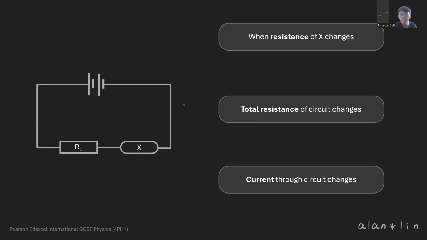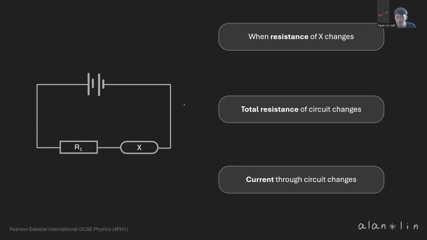Because for example, if they give us, let's say, a thermistor, we don't know how the resistance of that is going to change unless we think about the relationship between temperature and the resistance, and we use the change in temperature to find how the resistance changes.